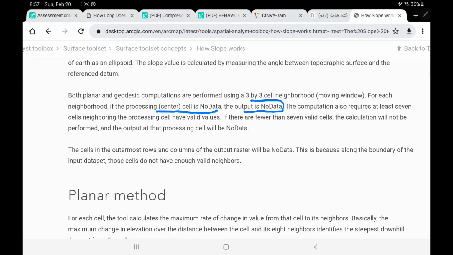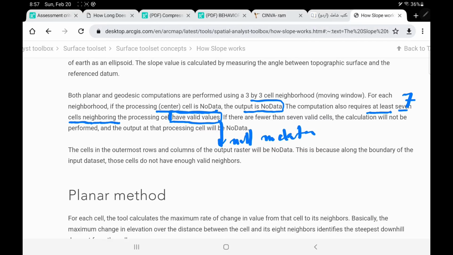Second, you need at least 7 neighboring cells to have valid values. By valid values I mean at least 7 cells which have no null values or no data values.